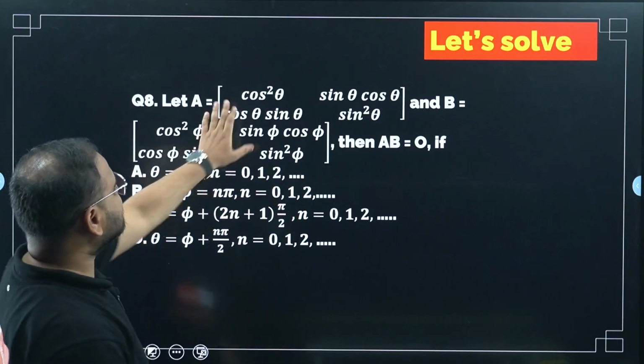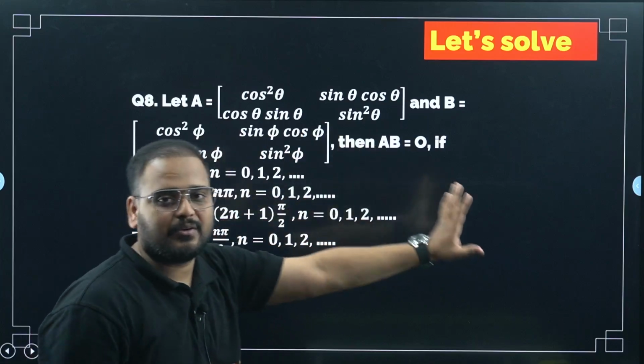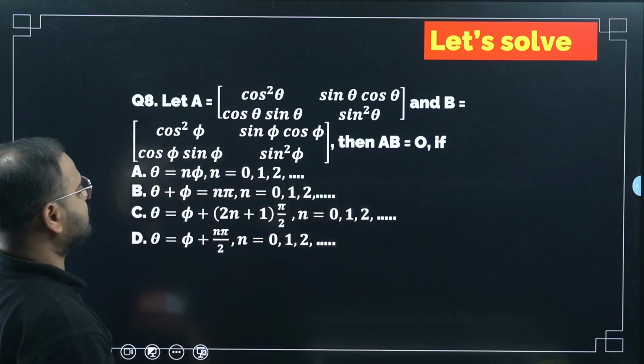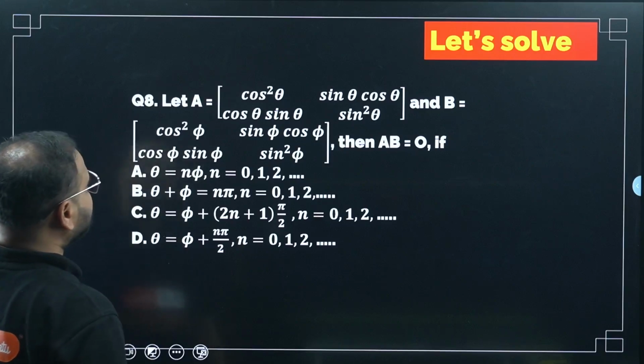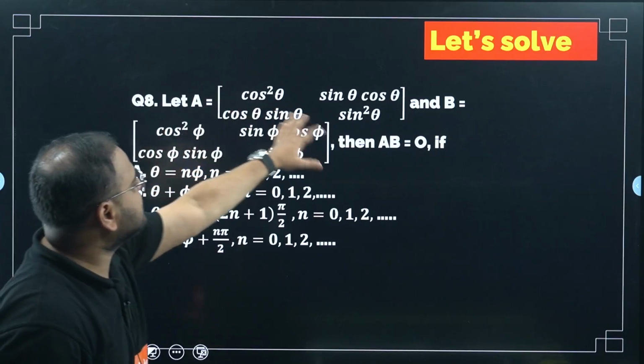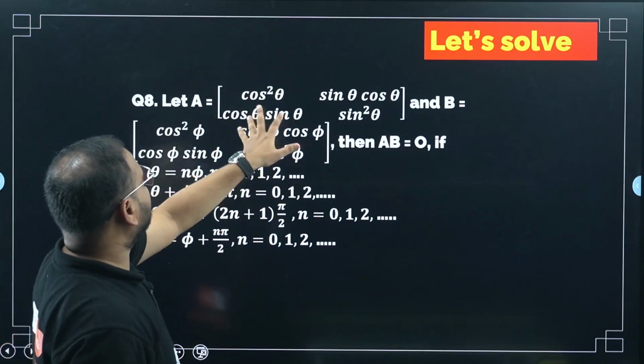So the first matrix is given in terms of theta and the second matrix is given in terms of phi. We'll do the multiplication. Not enough space here, so let's do it over here. Help me write the expression first. Cos square and sin square are my diagonal. Other elements are cos theta sin theta.